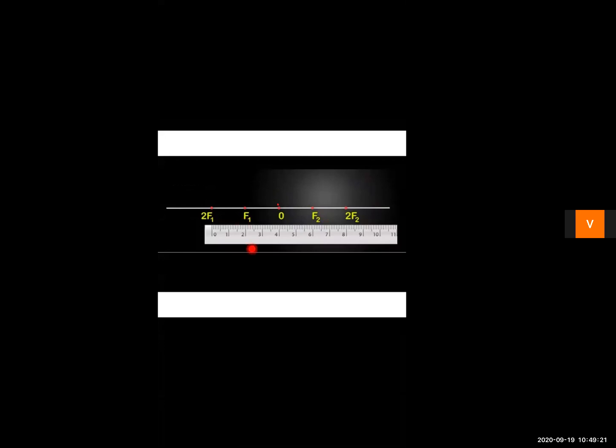On the left is F1, principal focus 1, and on the right side at again 2 centimeter you should mark the point F2, and from F2 we mark the point C2. C2 is the center of curvature. But instead of writing C2, you can also write 2F2, because we know it is double the focal length. So if F2 is at 2 centimeters, then this should be at 4 centimeters, right?